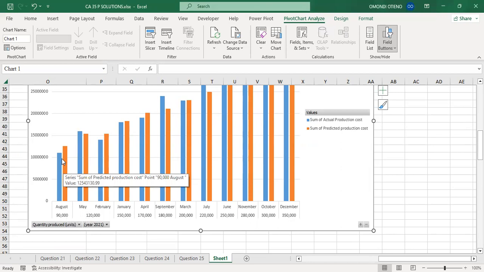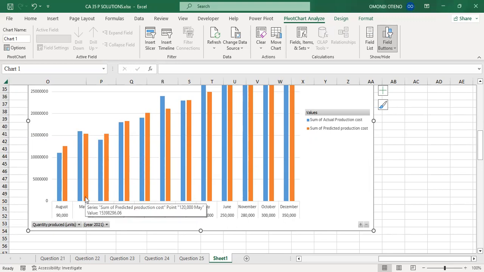In the month of August, we have this one here for the predicted, which was 90,000, and then actual is 110,000, still within that range.